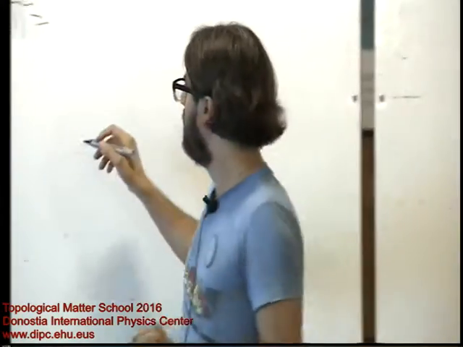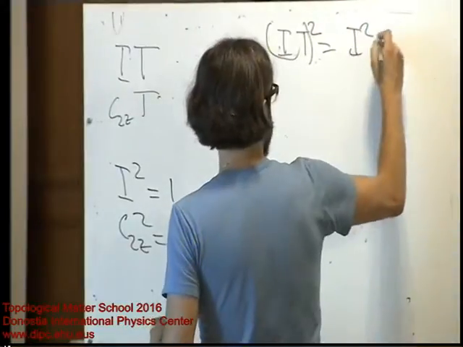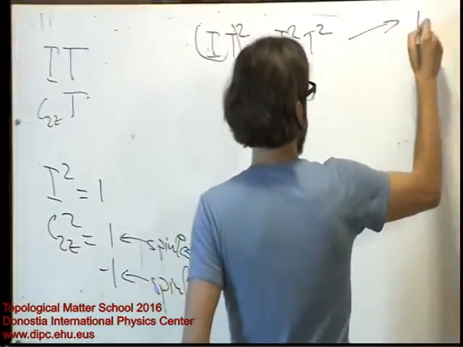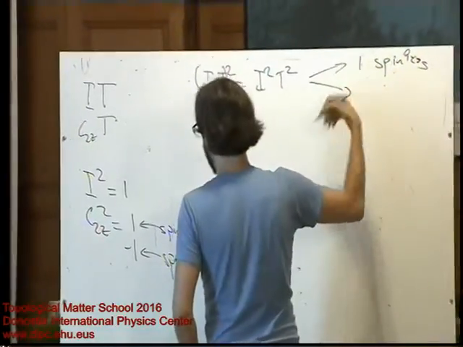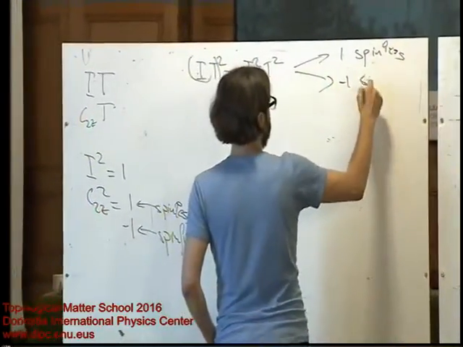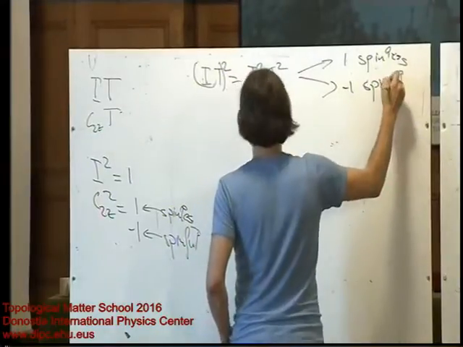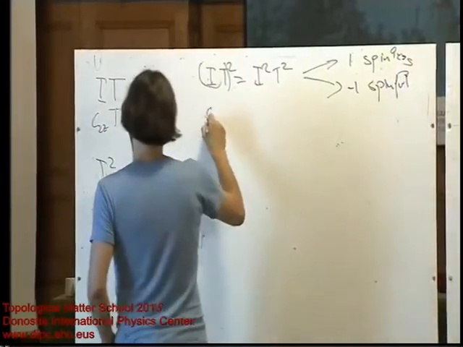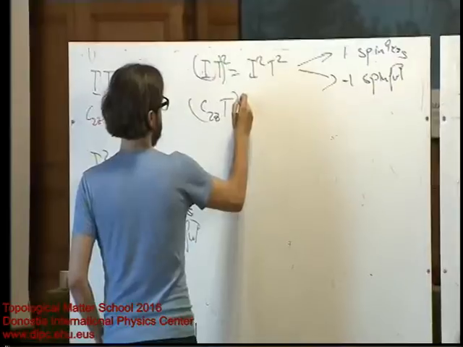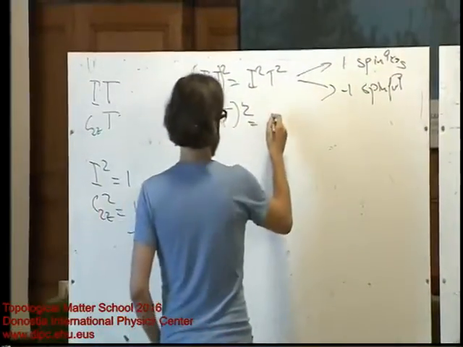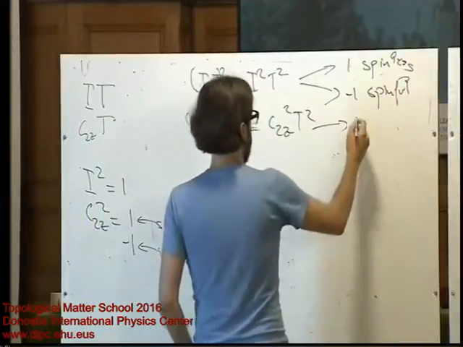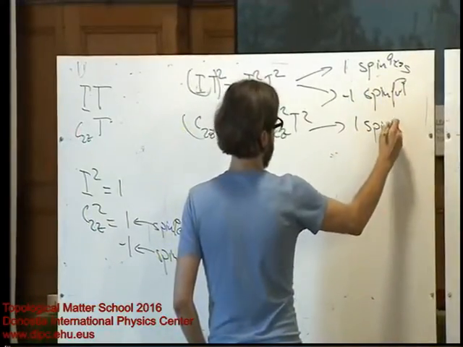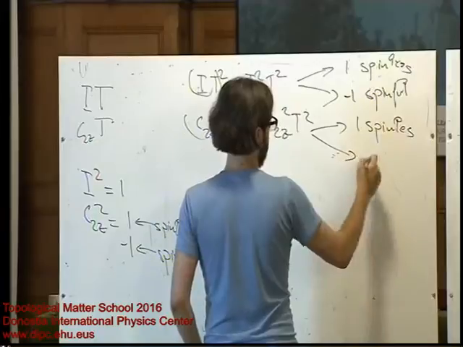So that means this is I squared T squared, 1 for spinless. Spinful, I mean spin 1/2, -1 for spinful. C2z times T squared is C2z squared T squared. 1 for spinless. What's it for spinful?